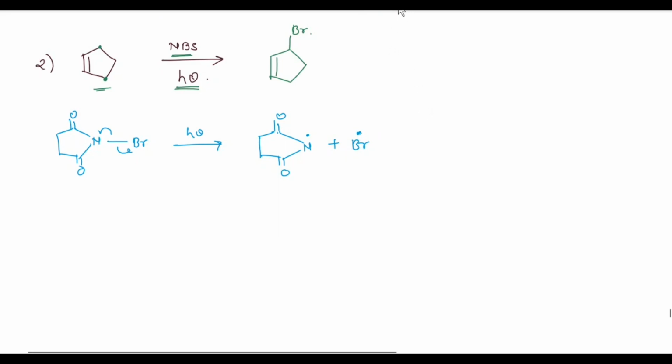This Br radical abstracts a hydrogen radical from this cyclopentene and we get a new allylic radical plus HBr. This HBr reacts with NBS again in the propagation step.